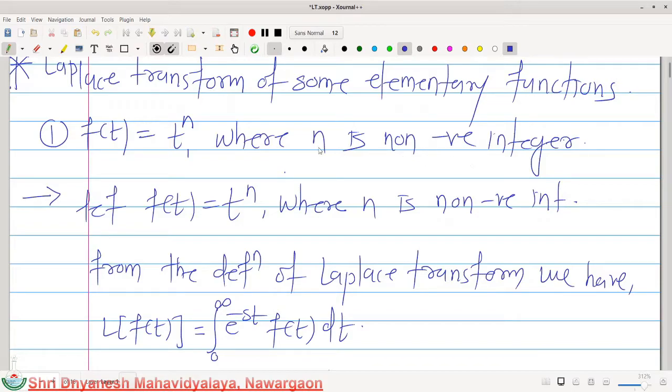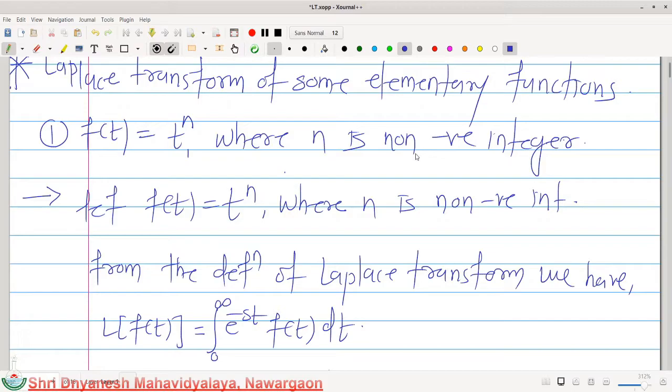What if n is a negative integer, or particularly a negative number? To find the Laplace transform of such t power n when n is not a non-negative integer, we will require the gamma function.